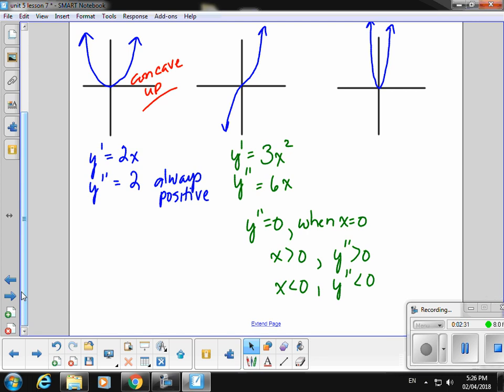At those places, when my second derivative is positive, it is concave up. So it's like you have this dish. As I have negative x values, my second derivative is negative, and that is where it is concave down.